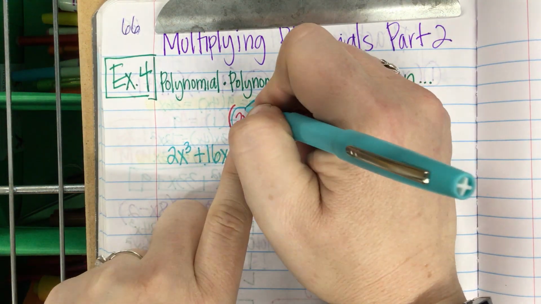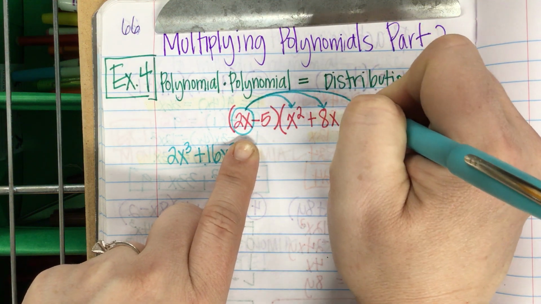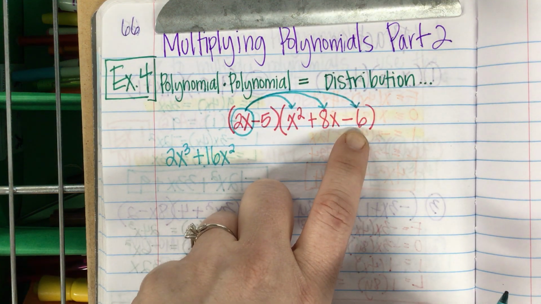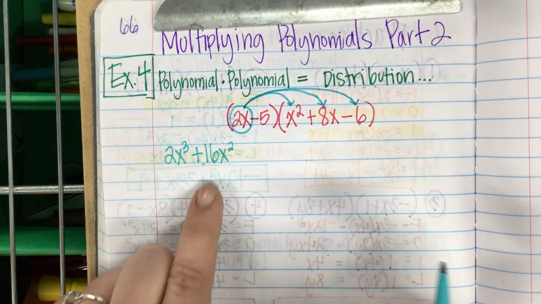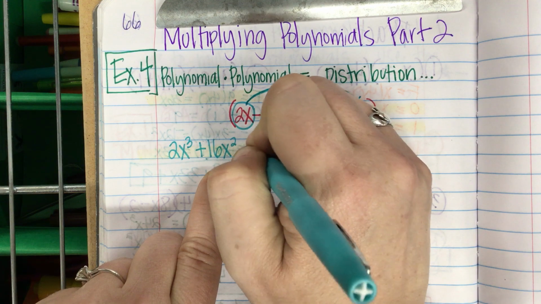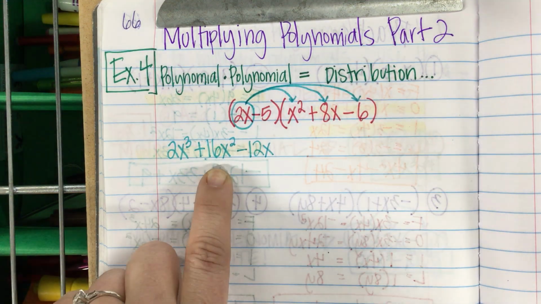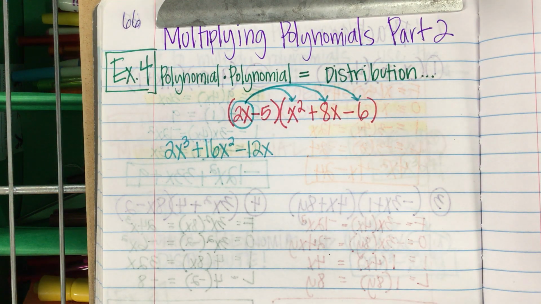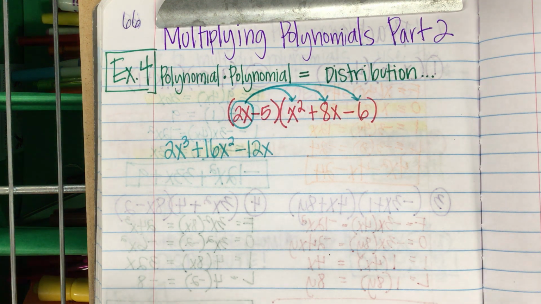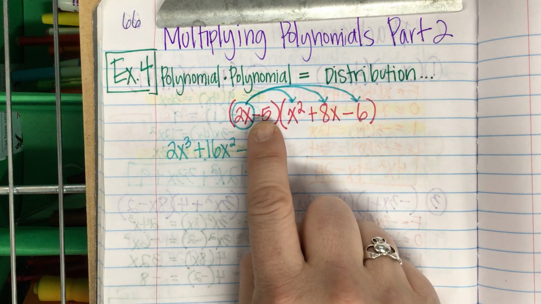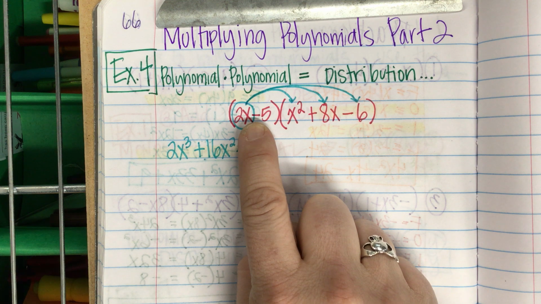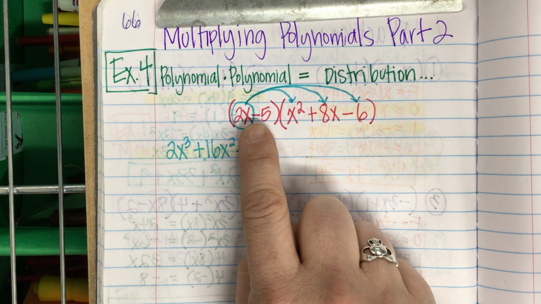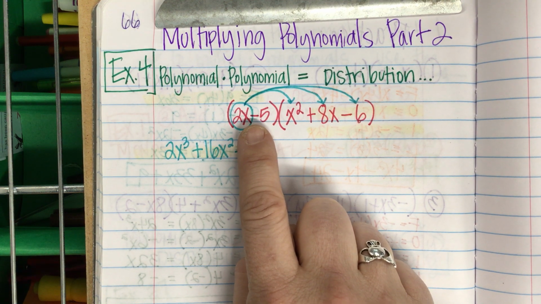And then I'm going to take that 2x and I'm going to distribute it to the negative 6. And 2x times negative 6 is negative 12x. But I'm not done yet because I've only distributed that first term. I have to go back because it is a binomial. I have to go back and distribute that second term.